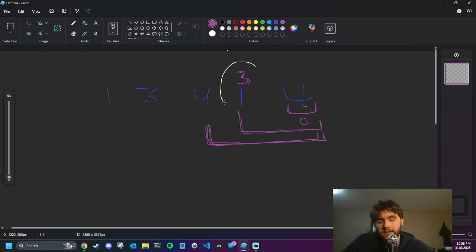It's the max of what came before, or we compare 4 and 4. Like, let's say this was 0. Then that would be bigger. So we compare this versus that. So that's a constant operation.